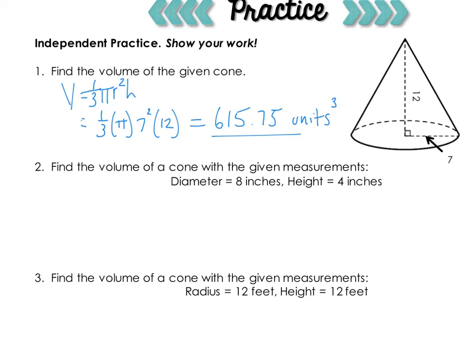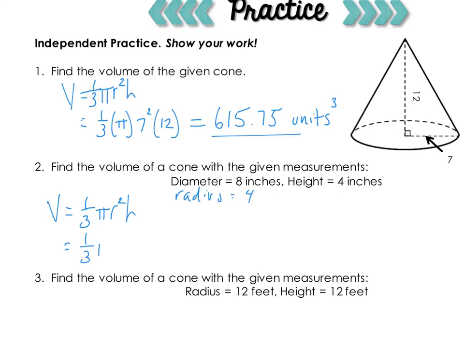Problem number 2, no picture on this one. I've got a diameter of 8 and a height of 4. So diameter of 8 means you have a radius that's 4. So volume equals 1/3 pi r squared h.